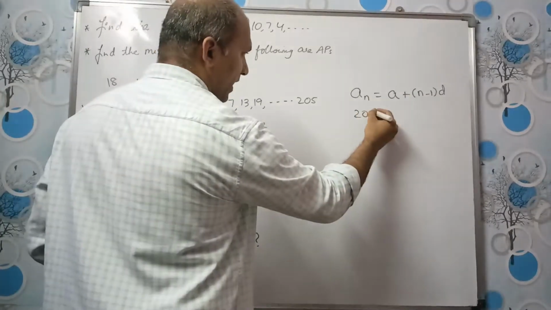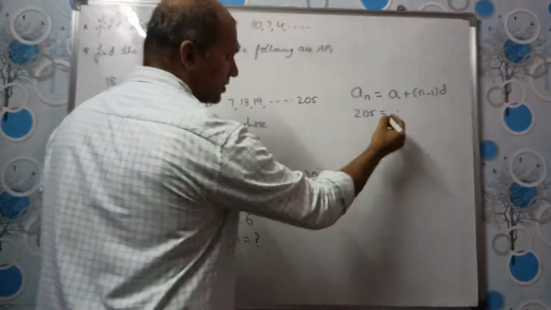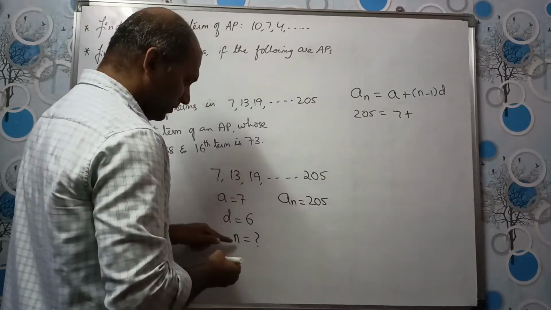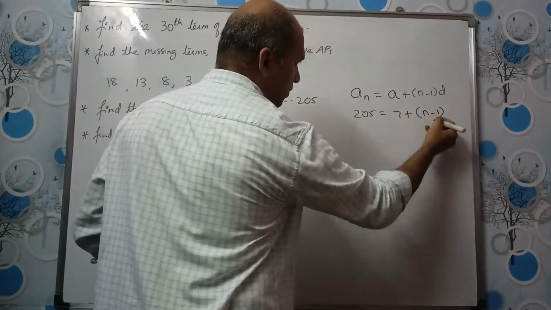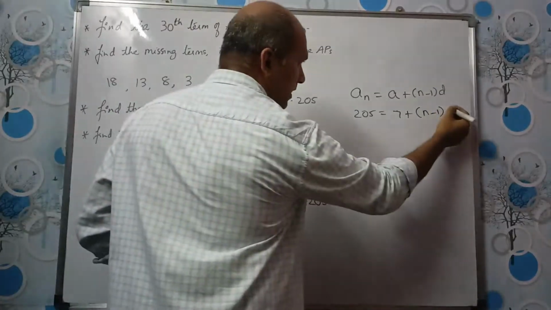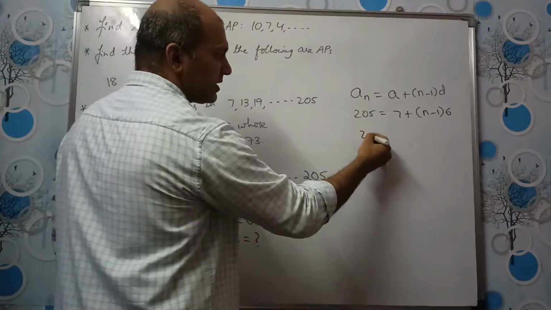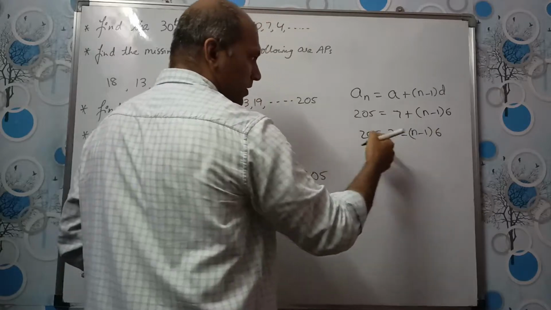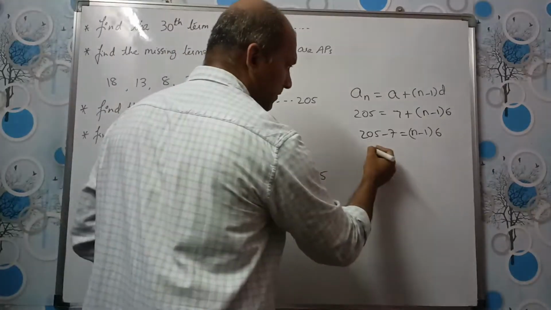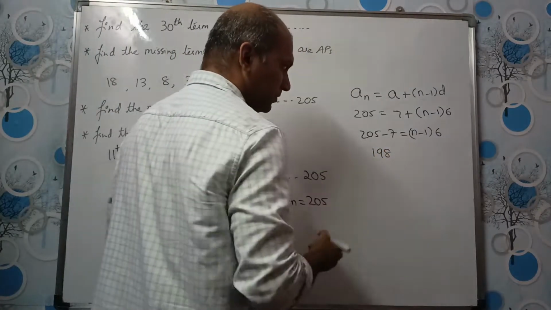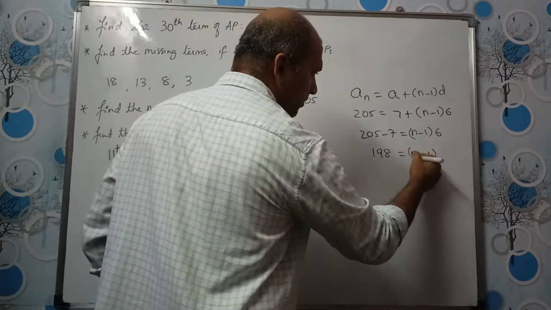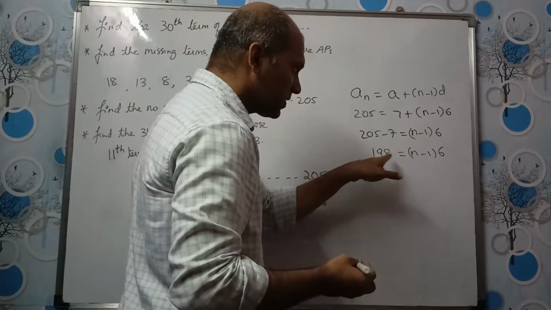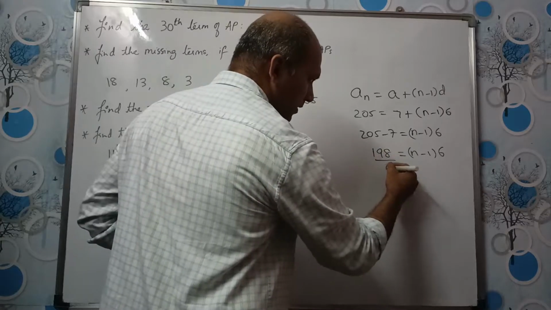An is 205 is equal to a is 7 plus n, we don't know, n minus 1 multiplied by d is 6. So this 7 goes this side, it will be minus, right? N minus 1 multiplied by 6. So 205 minus 7 is 198. N minus 1 multiplied by 6. This 6 will come here, it will divide it.